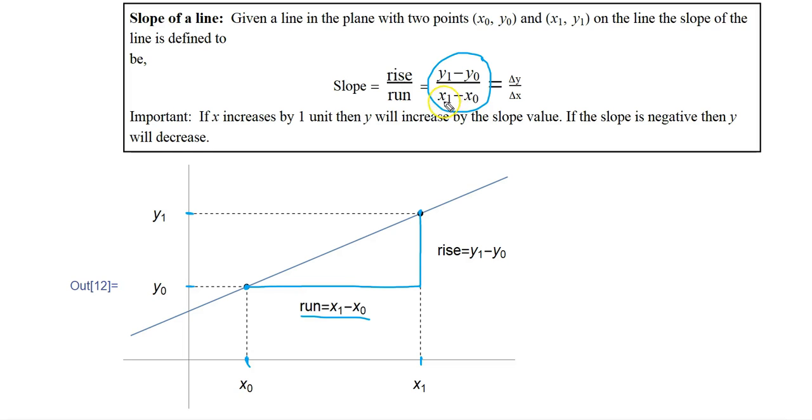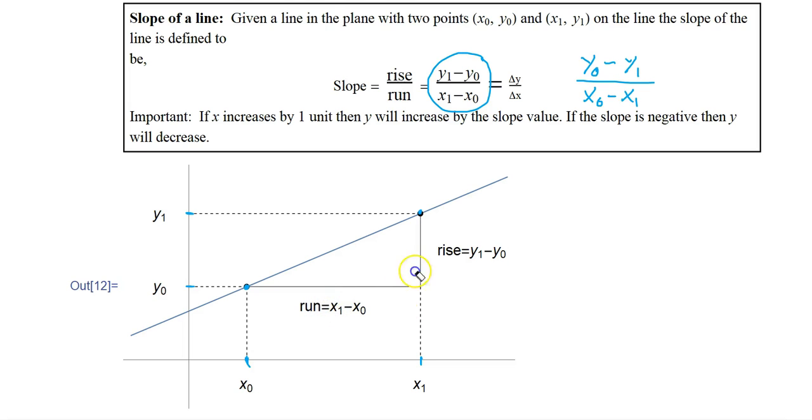We would have to go x0 minus x1 then. So it doesn't matter how you order the difference in the numerator and denominator as long as you're consistent. In other words, you could write y0 minus y1, but then you have to go in the denominator x0 minus x1.